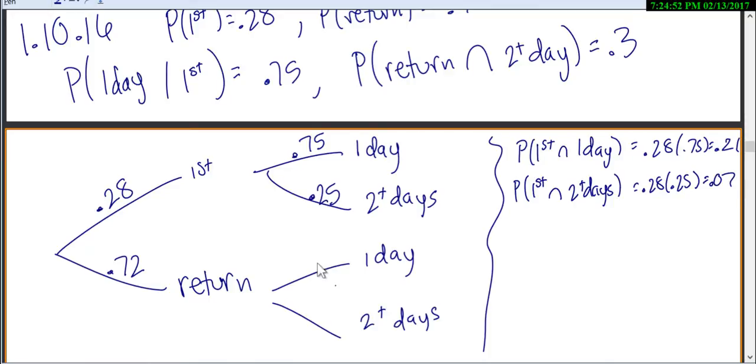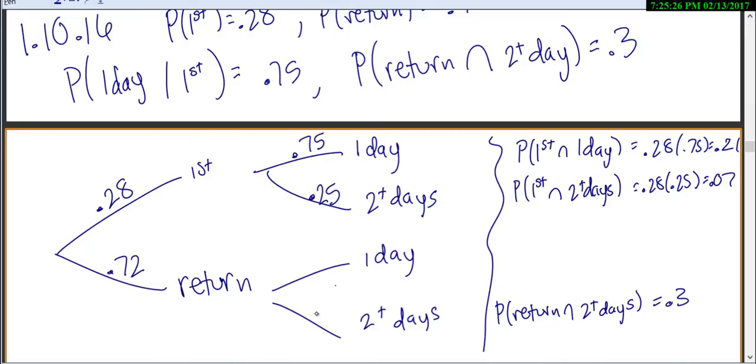But I haven't figured out what these branches are yet. But they did tell me that the probability of the return and 2 plus days equals 0.3. So if you know that this is 0.3, this is 0.72, can you figure out what this branch should be right here? If we were always multiplying to get to the probability of these intersections, how do we get back to this branch?